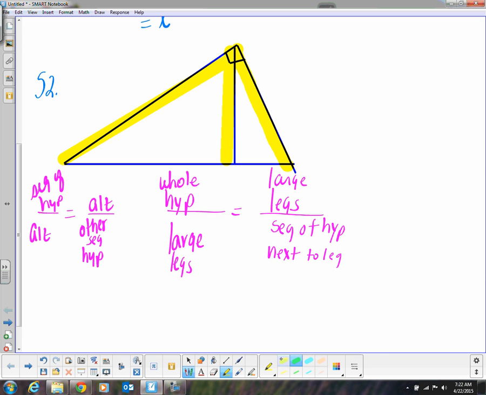So, what they gave us on this problem is they gave us this to be 9, this to be 15, and they asked for this segment. So which is the mean? 9, 15, or X? 9. So that means 9 goes in the mean positions, and what goes in the extreme positions?